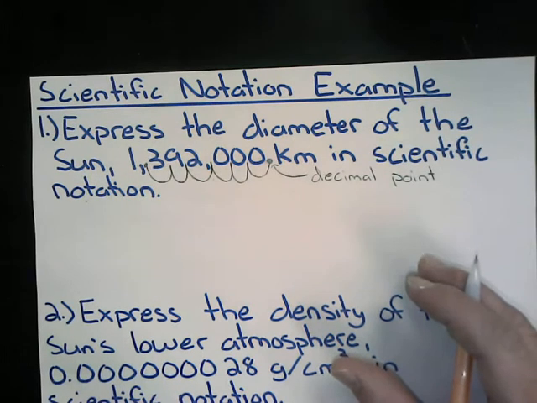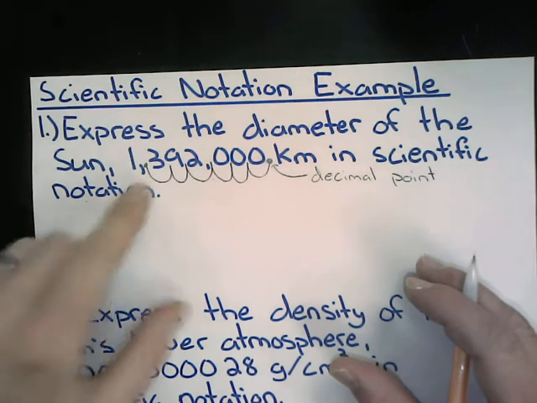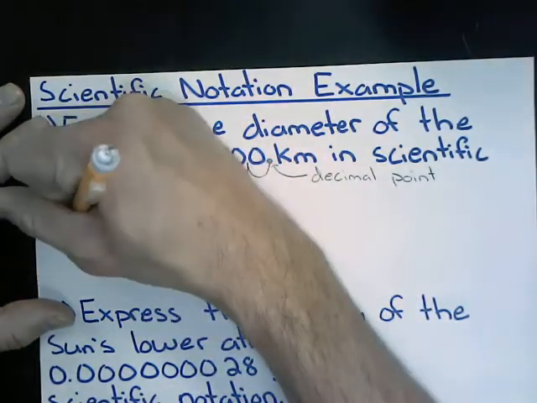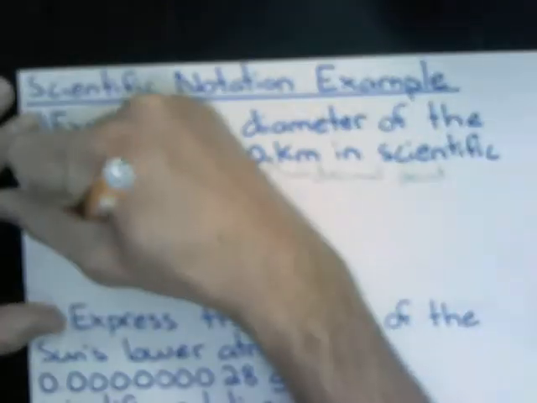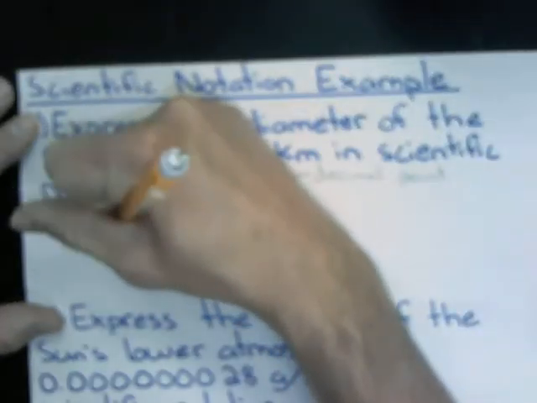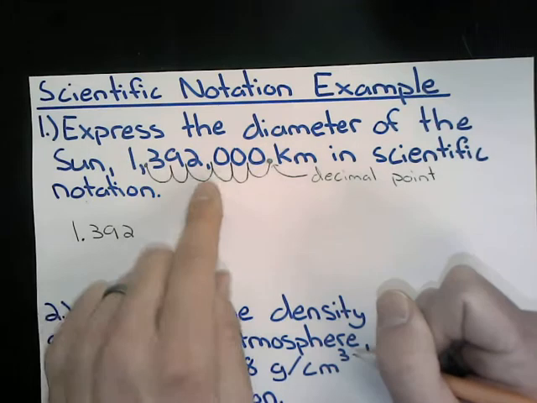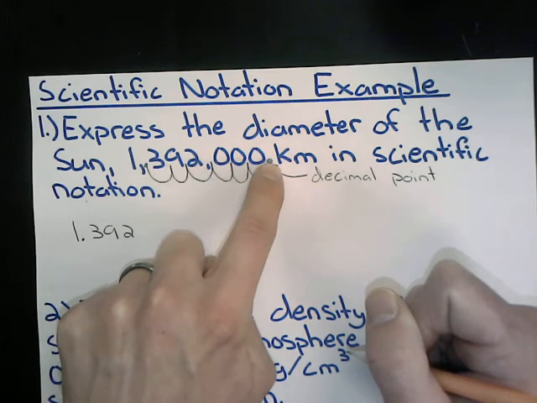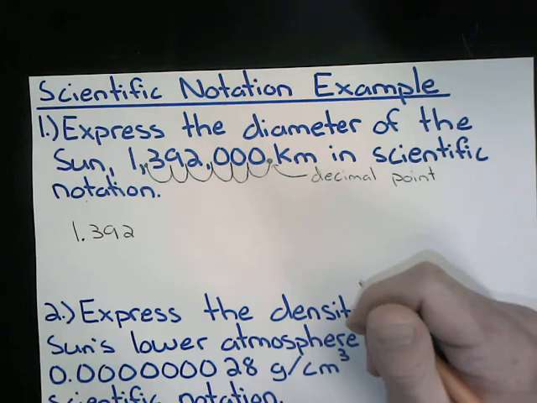Now, how we write this is we write all non-zero numbers involved in this particular number. So this number in scientific notation would be 1.392, and because these other numbers after this 2 are zeros, we don't need to include them in our scientific notation.